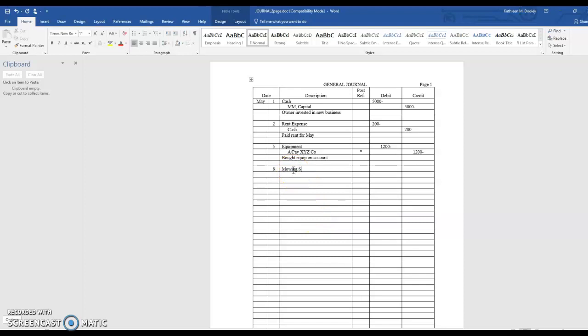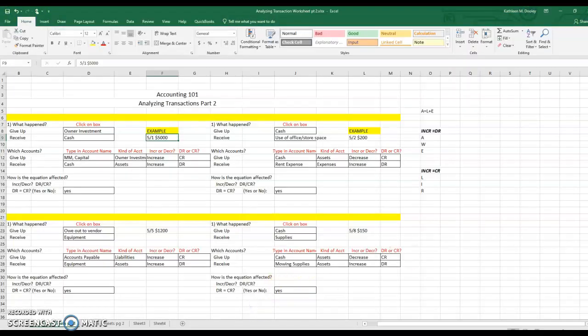Debiting mowing supplies, crediting cash, $150. Okay, we purchased supplies. Okay, go on to our next one.